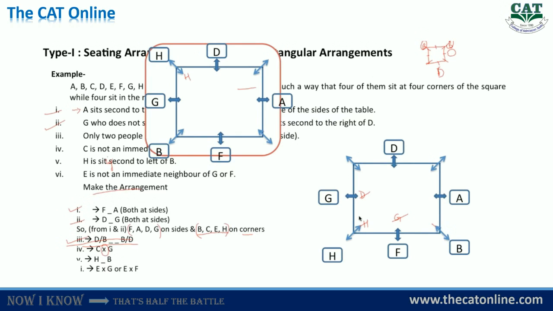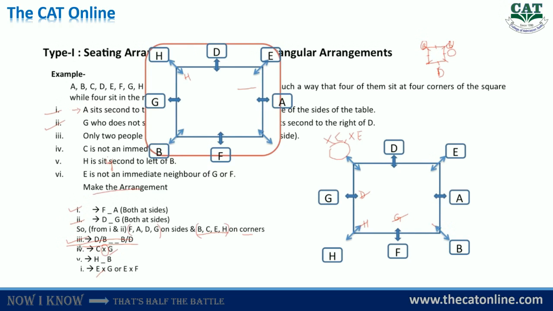So let me say, now if you look closely over here, in this case, I can place E over here. Now C cannot sit with G, E cannot sit with G. So over here, I cannot plug in C, I cannot plug in E. Alright.